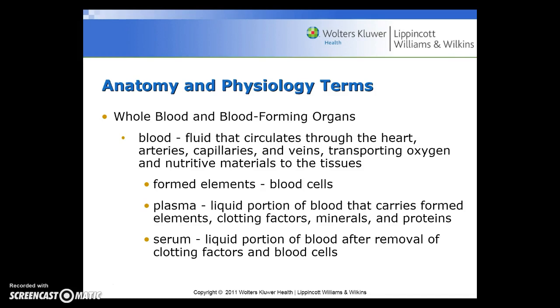Formed elements is defined as also blood cells. Plasma is the liquid portion of the blood that carries formed elements, clotting factors, minerals, and proteins. And serum is the liquid portion of the blood after removal of clotting factors and blood cells.